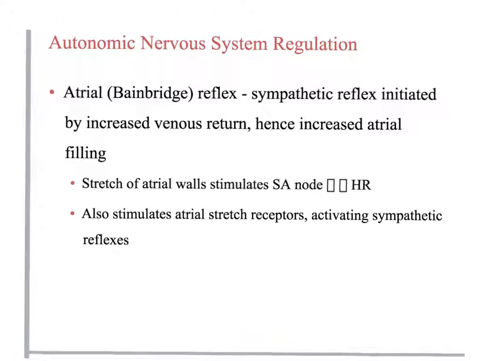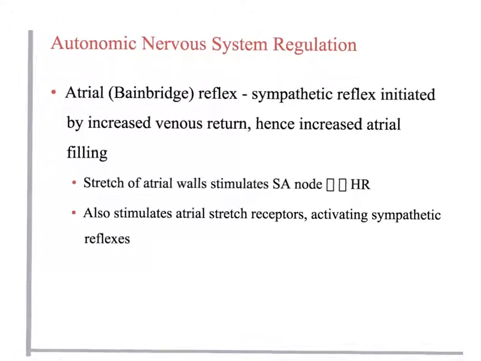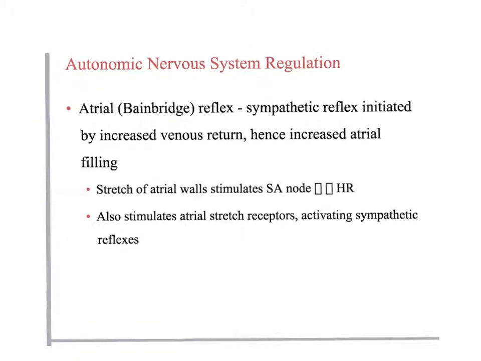There is something called the Bainbridge effect, or reflex, or atrial reflex. If you have an increase in venous return, where does the blood come from, the venous return? Where does it empty into the heart? So coming from the veins through the superior and inferior vena cava and empties into the right atrium.